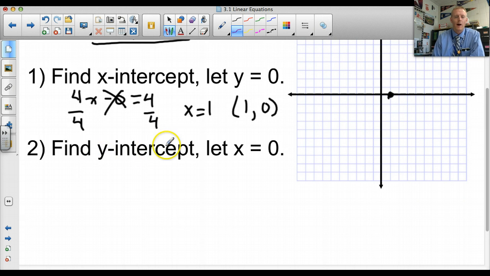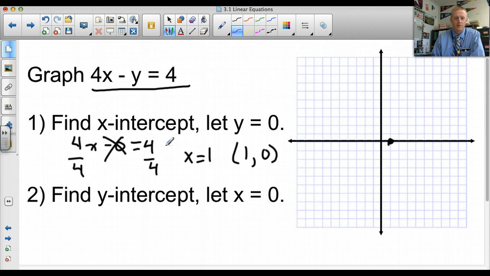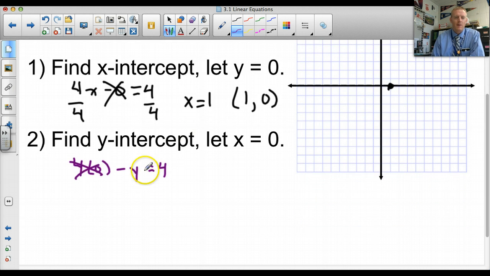Okay, let's keep going. To find the y-intercept, we say x equals 0. So back into the exact same equation: 4 times 0 minus y is equal to 4. So that equals 0. If a negative y equals 4, we divide by a negative 1 to make this a positive y.